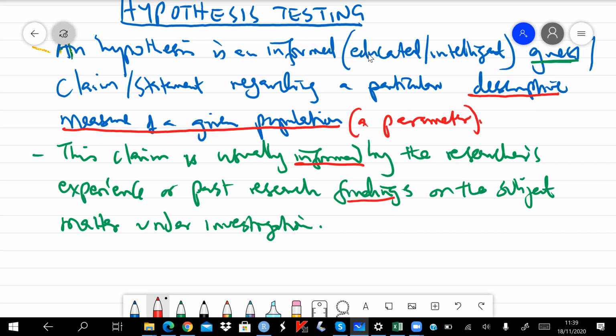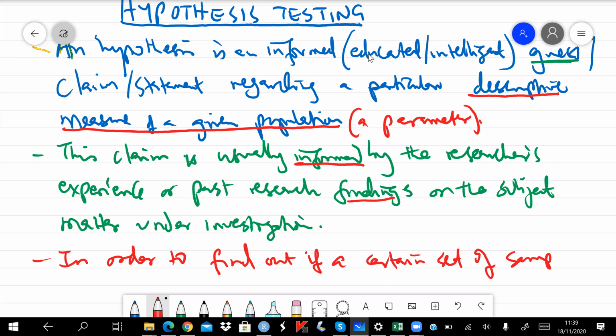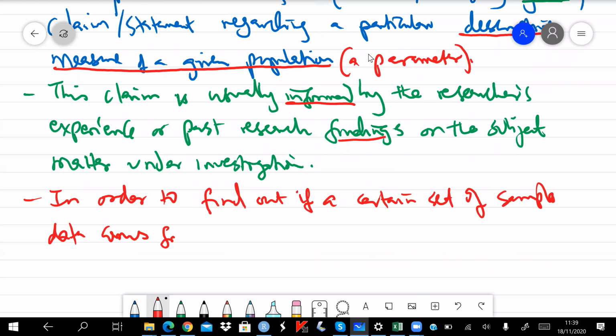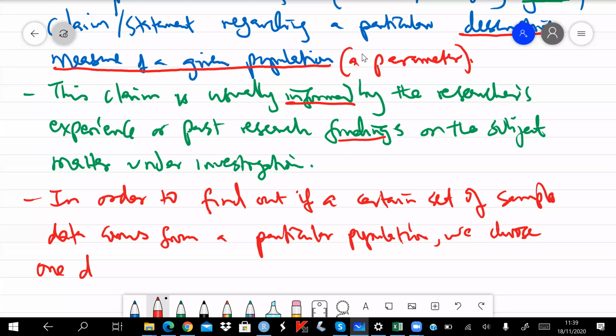Okay. Then we say that in order to find out if a certain set of sample data comes from a particular population, we choose one descriptive measure of that population.